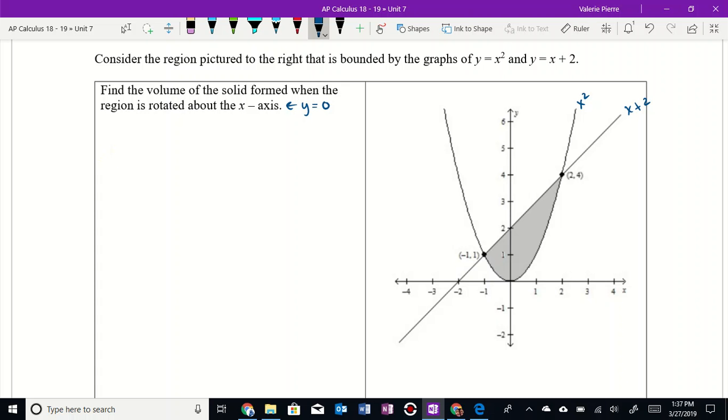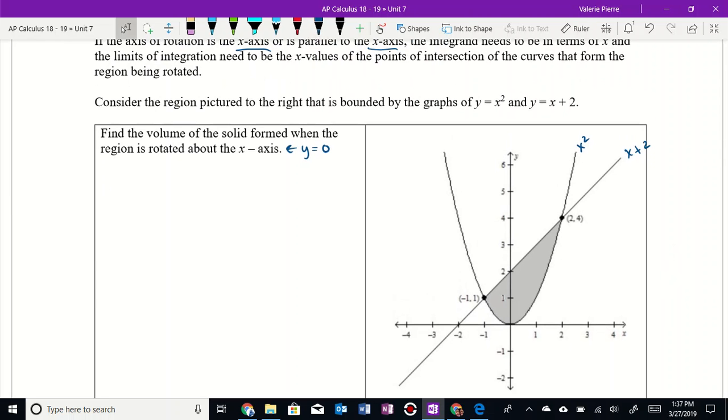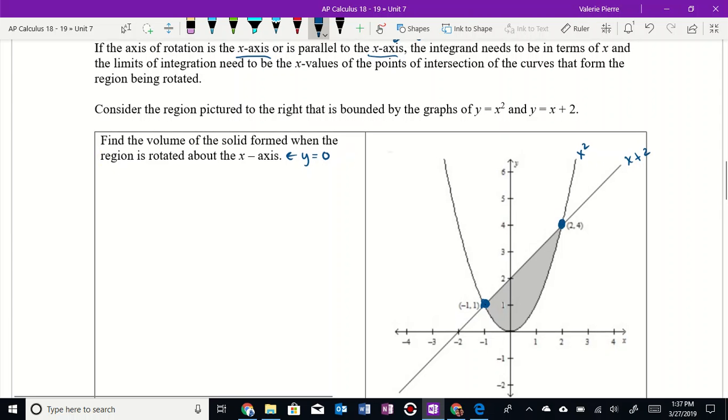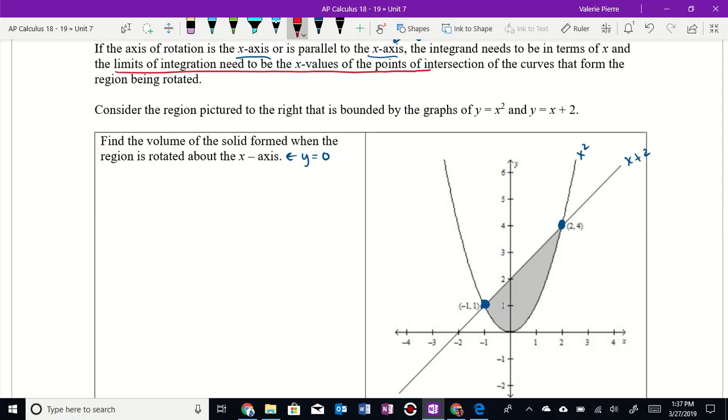We need a few things before we can figure this out. First, we need the points of intersection, because the x values from the points of intersection are going to be our limits of integration.